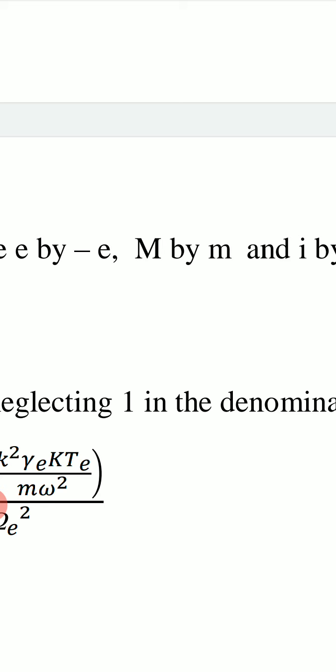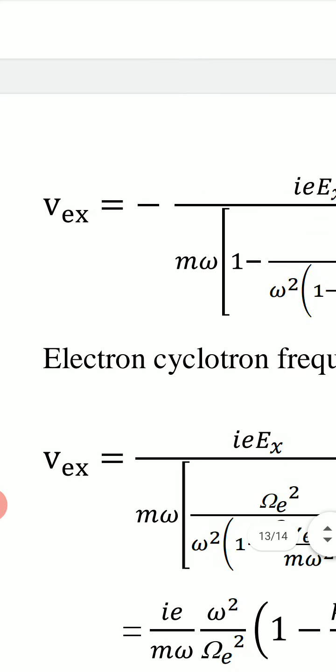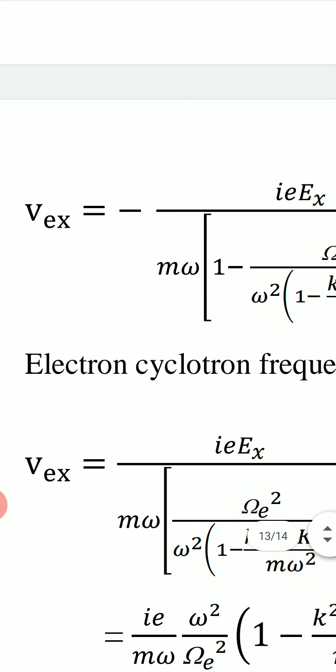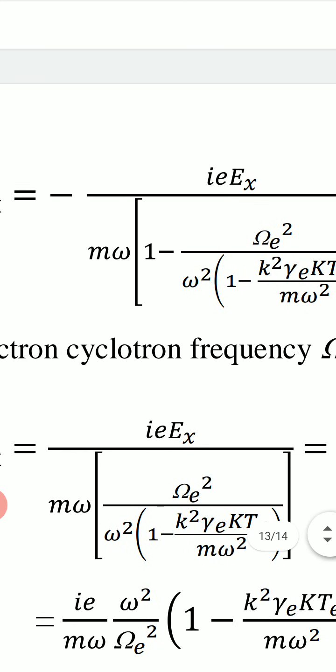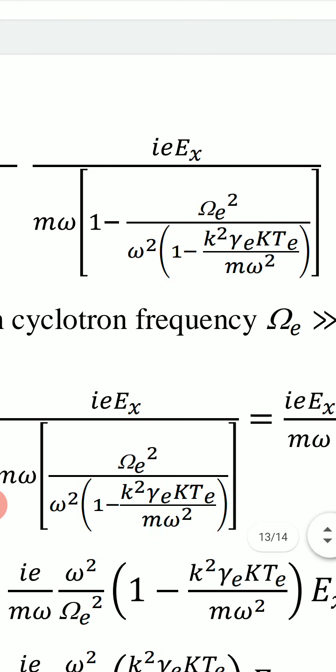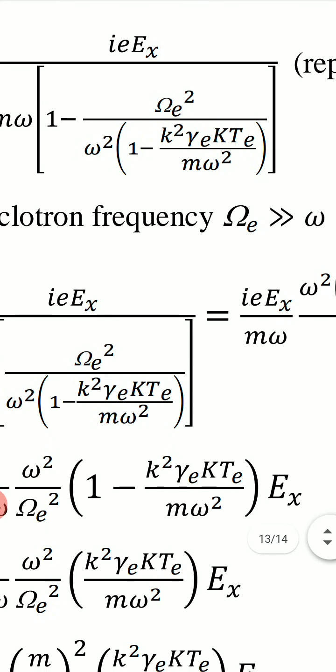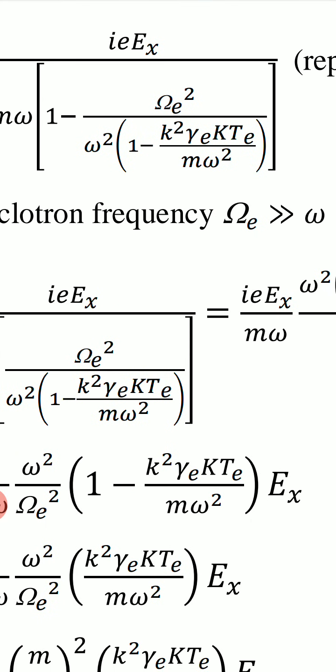The mass of the electron is now small m, so in place of capital M we write small m, and the charge on the electron is minus e, so we write minus e in place of e, and obtain this expression for Vex, the x component of electron velocity: minus i e Ex upon m omega, now it is small m, into 1 minus omega e square.